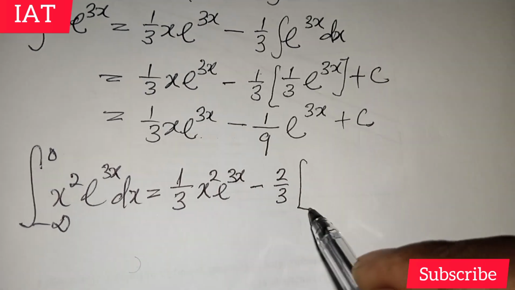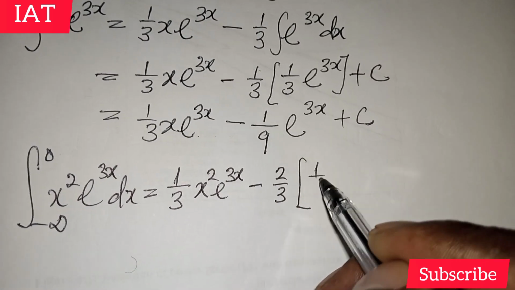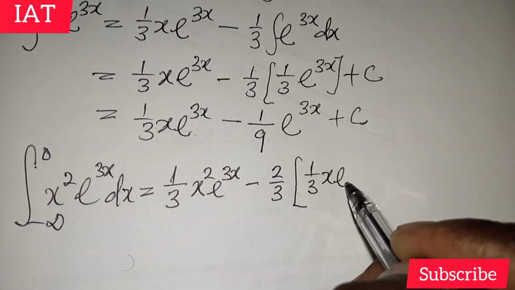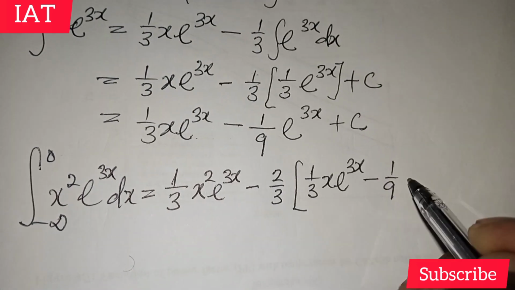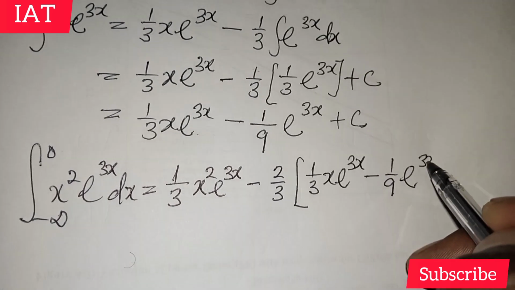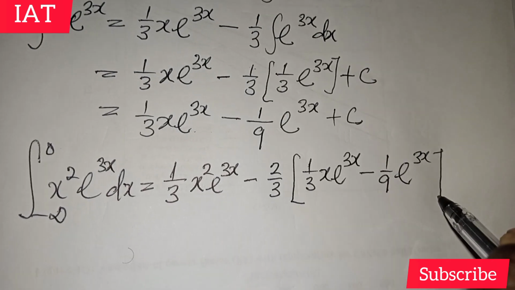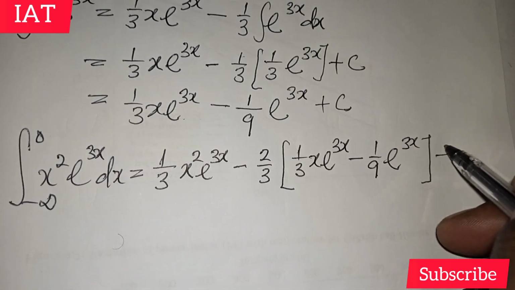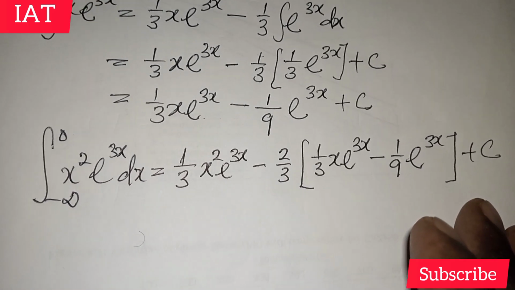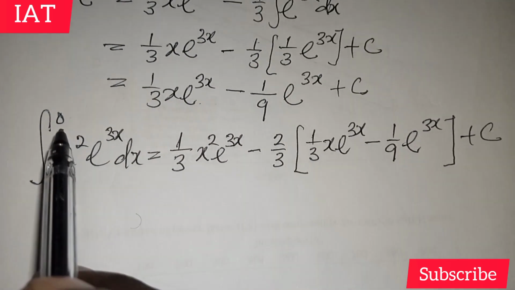Then we have to put in the whole of this into it, which is 1 over 3 x exponential 3x minus 1 over 9 exponential 3x, and then we don't want this plus c at the moment, right? So this is what we have. But if you really want to put it, it's not a problem. It's not going to affect our work. But when we want to apply this upper and lower limit into the system, we may not be needing it.